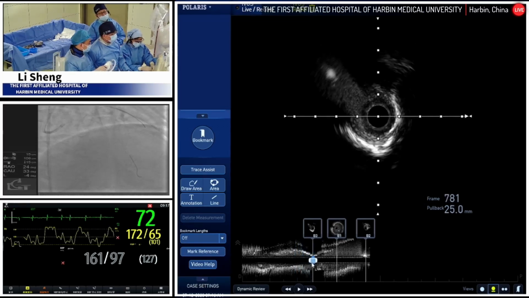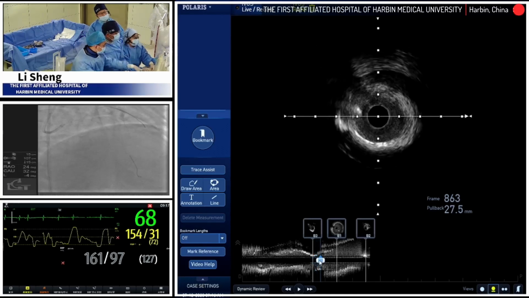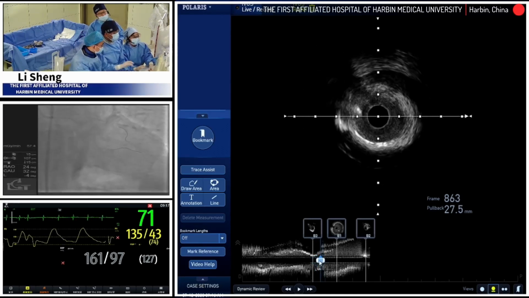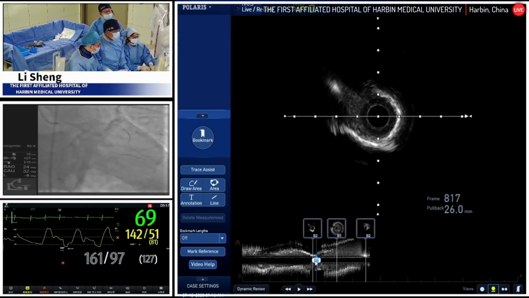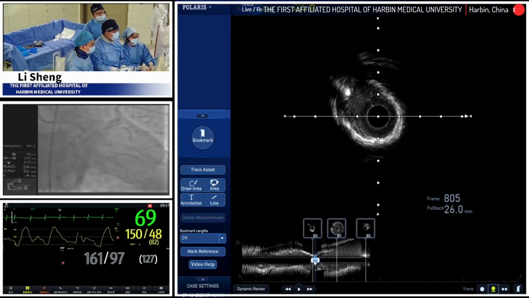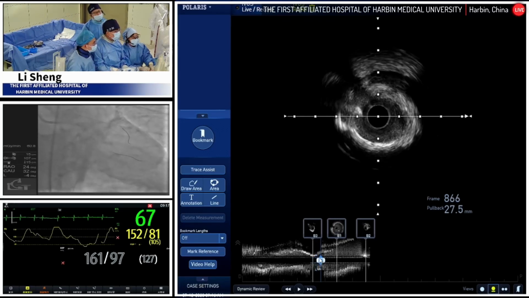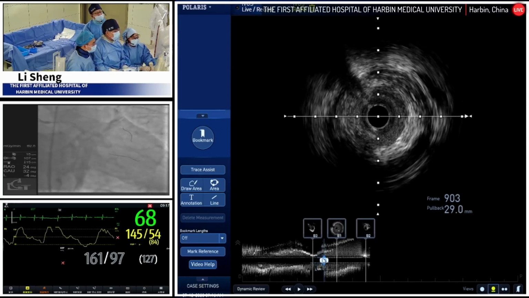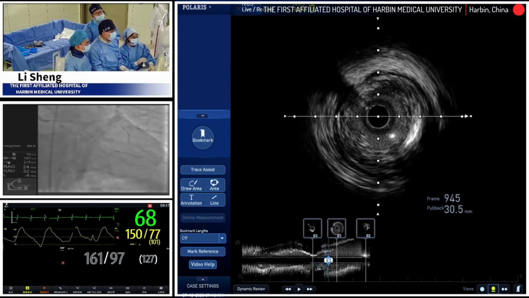At the ostium of the LAD and the distal part of the left main, we can see some superficial calcified plaque. Maybe a cutting balloon or a scoring balloon can treat this lesion. It's enough. I think we don't need a rota.